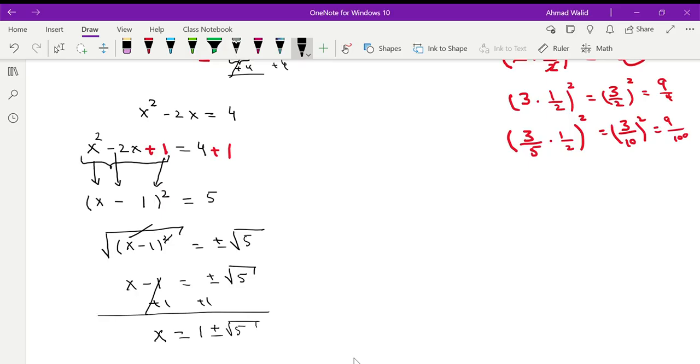Two roots. One of them is 1 plus the square root of 5 and the other root is 1 minus the square root of 5. We call this method completing the square. Correct? It is not difficult.